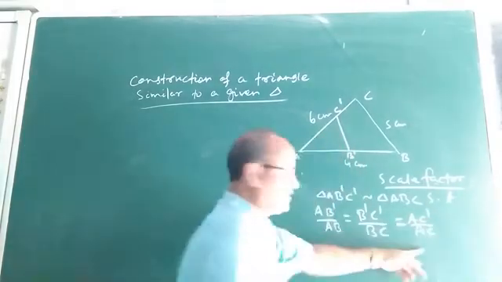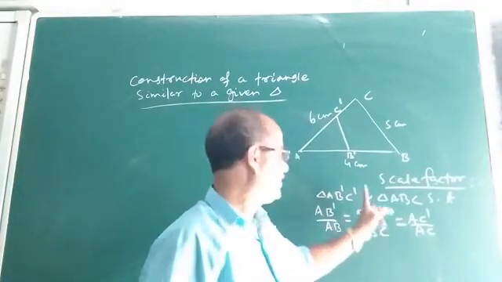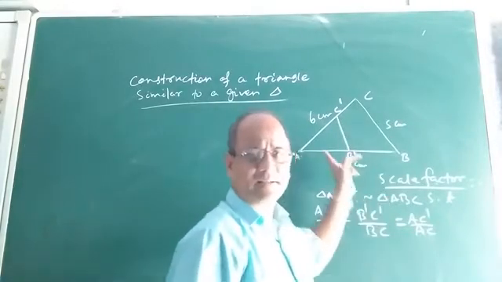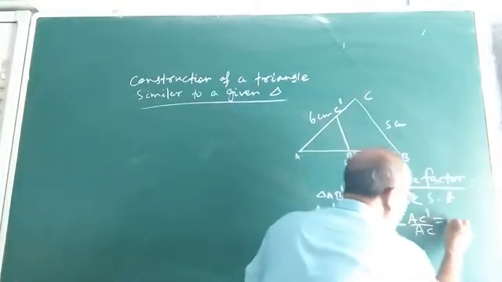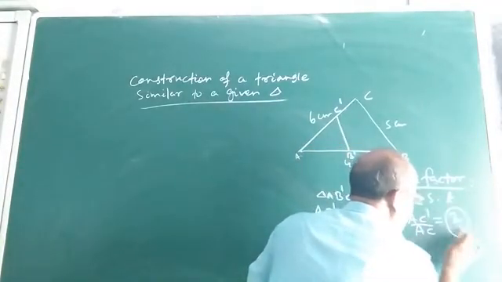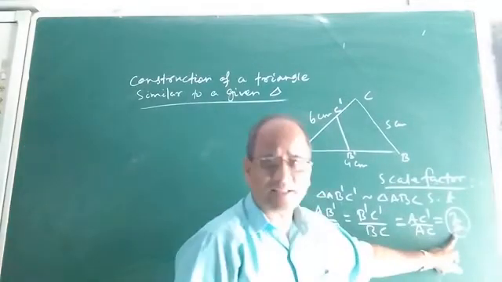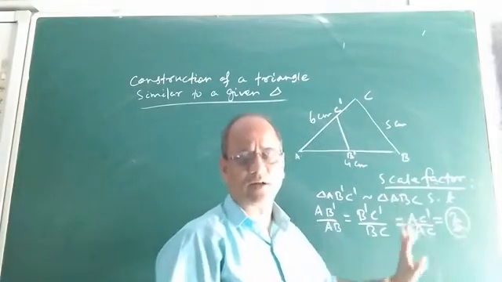These are the three pairs of corresponding sides of the two similar triangles, and each ratio is equal to, suppose, 2 by 3. So this 2 by 3 is called the scale factor.